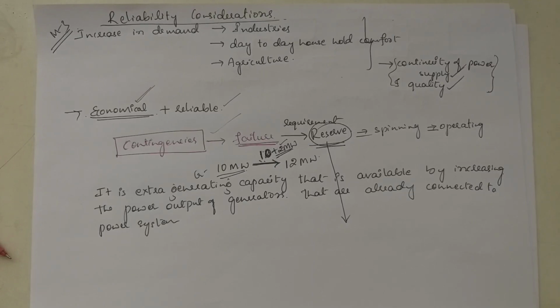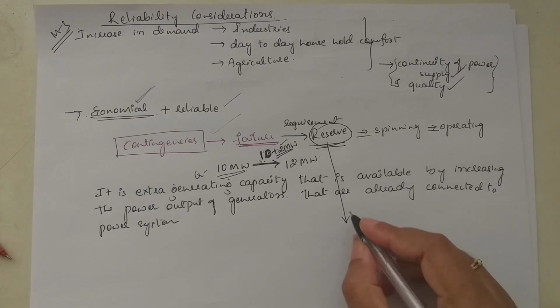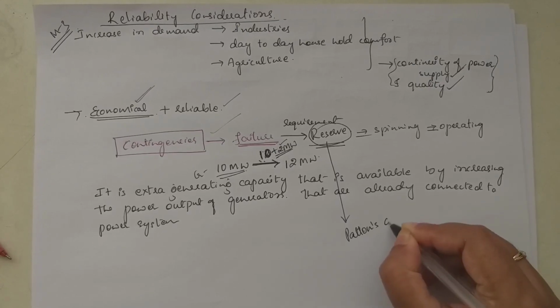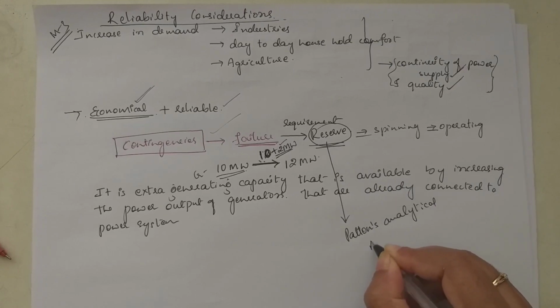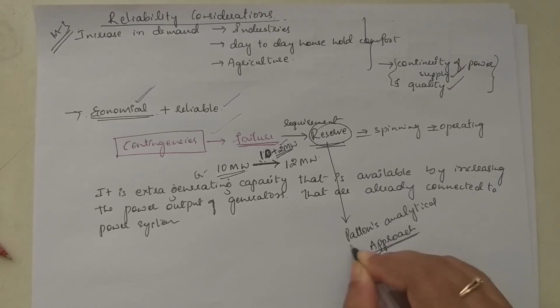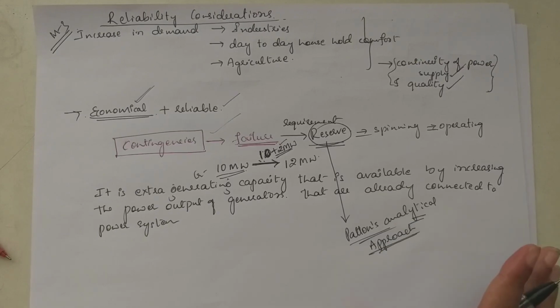To determine the system spinning reserve at any time, Patton's analytical approach is used. In order to use Patton's analytical approach, we need to find the minimum uptime or failure time and repair time.